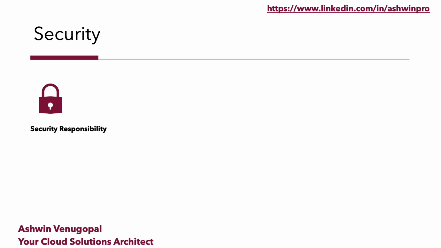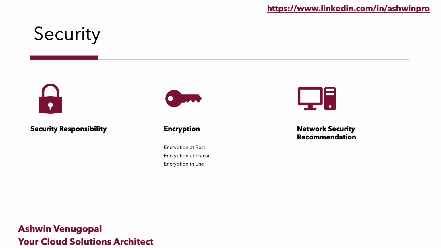And if you are using platform as a service, then you can tell them the difference in the responsibilities. Then we talk about the encryption that you have used. You can explain the differences between encryption at rest, encryption in transit, and encryption in use scenarios. Then we talk about the network security recommendations.